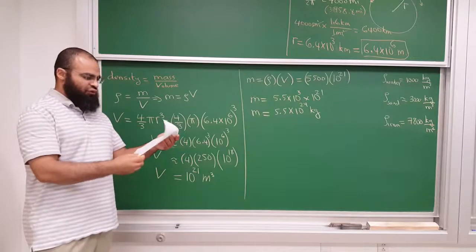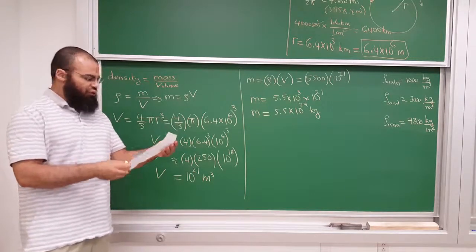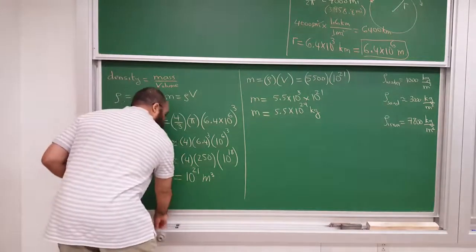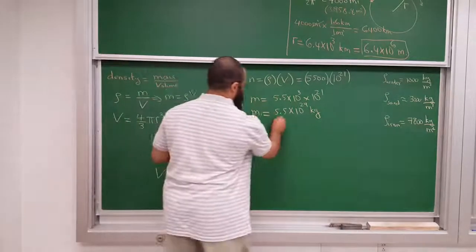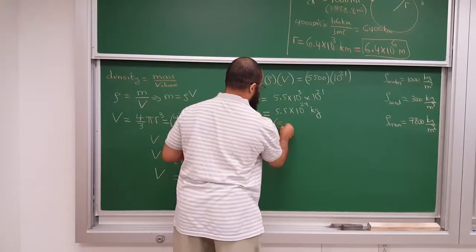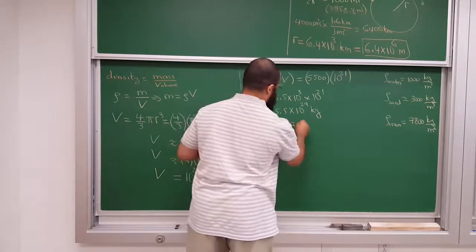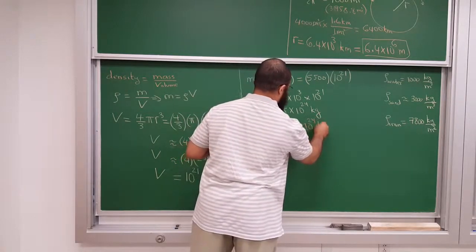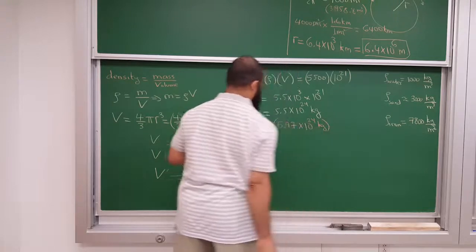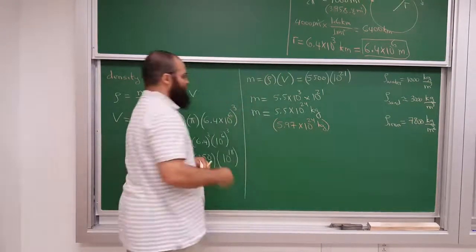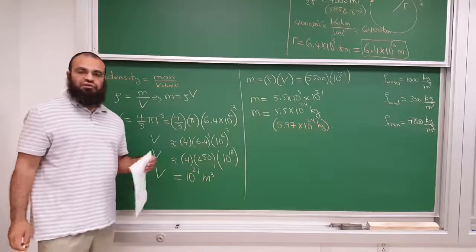Now you can go ahead and use Google, and according to Google, or the book also, the actual mass is 5.97 times 10 to the 24 kilograms. Okay. Very close.